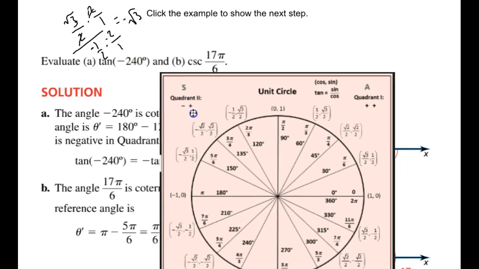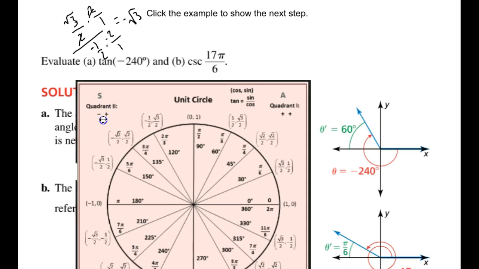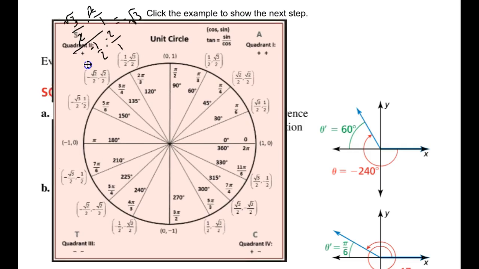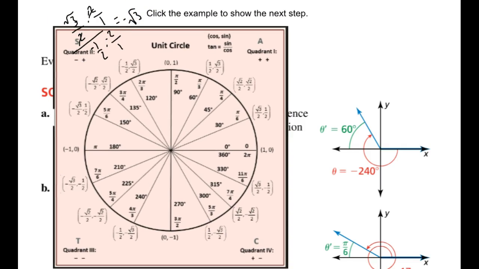So let's look at part B using this same unit circle. Okay, so I'm looking for the cosecant of 17 pi over 6. So first thing I want to do is find my 17 pi over 6. Right? Well, first off, I know that that's going to be more than one rotation because to get all the way around is 12 pi over 6. So I know I have 5 pi over 6 left. So I end up right over here. So I see I have my 5 pi over 6.